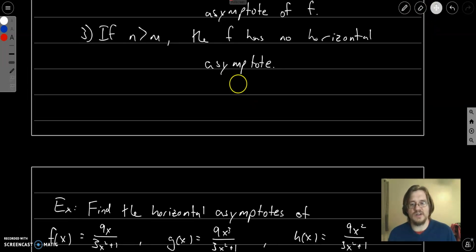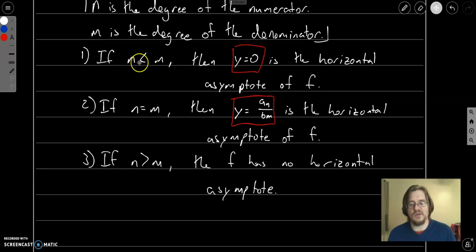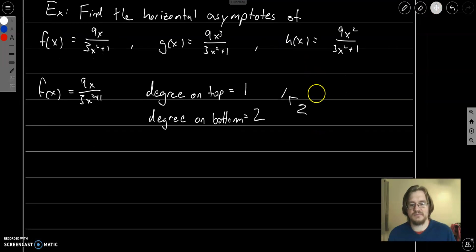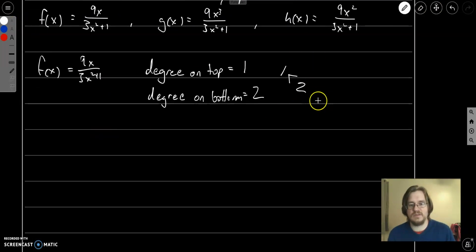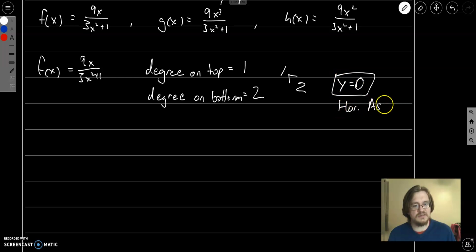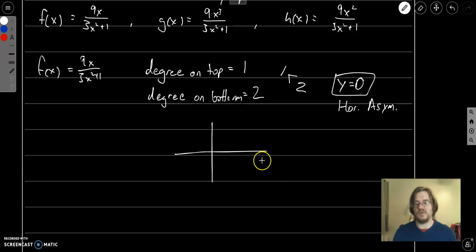So we come back up to our chart. The degree on top is less than the degree on the bottom. So y equals 0 is the horizontal asymptote. And if we graph this function, we will certainly notice that.